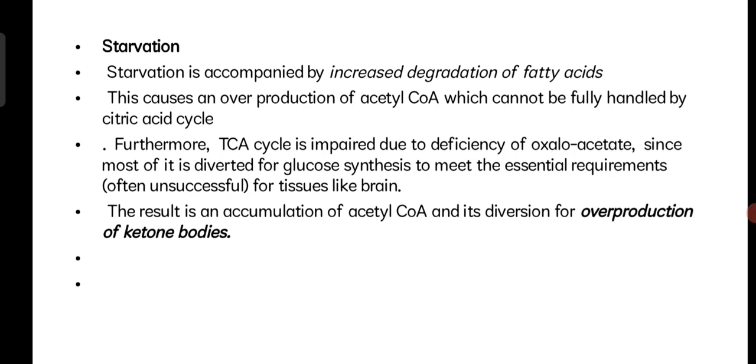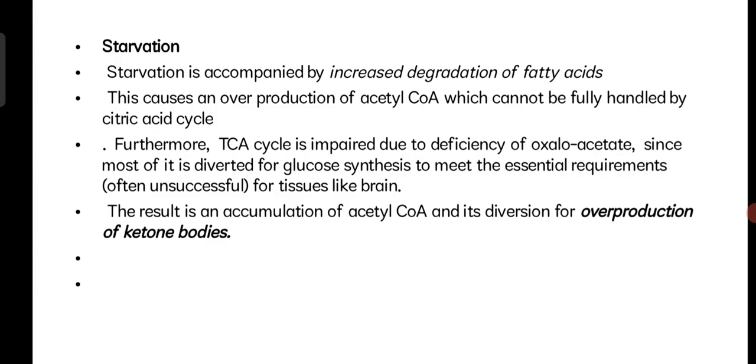Next is starvation. Starvation is mainly due to the degradation of fatty acids. We are not having food, so we are not getting any energy, so the fatty acids will degrade. When the fatty acids degrade, this results in more production of acetyl-CoA, and this process is handled by the citric acid cycle.